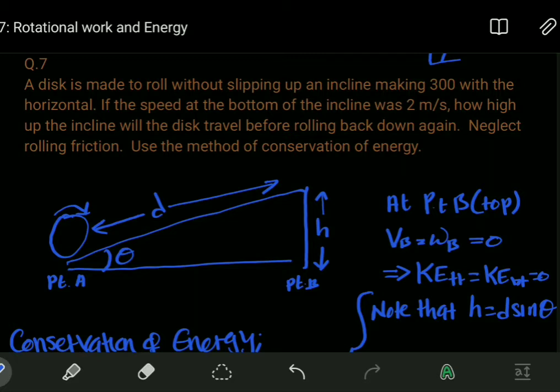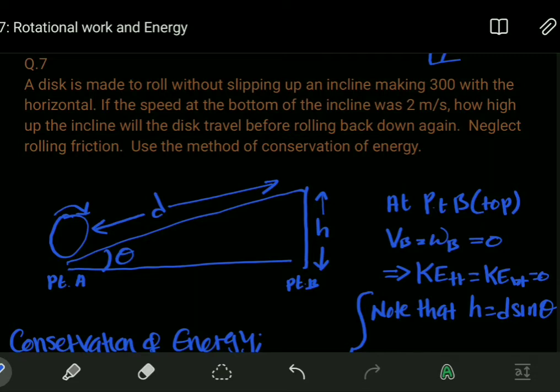Okay, so here we're using the conservation of energy as we are told in the question. So let's take note that as this disc reaches the top, okay, let's start from the bottom, which is our point A. Okay, so at point A here, what do we have?